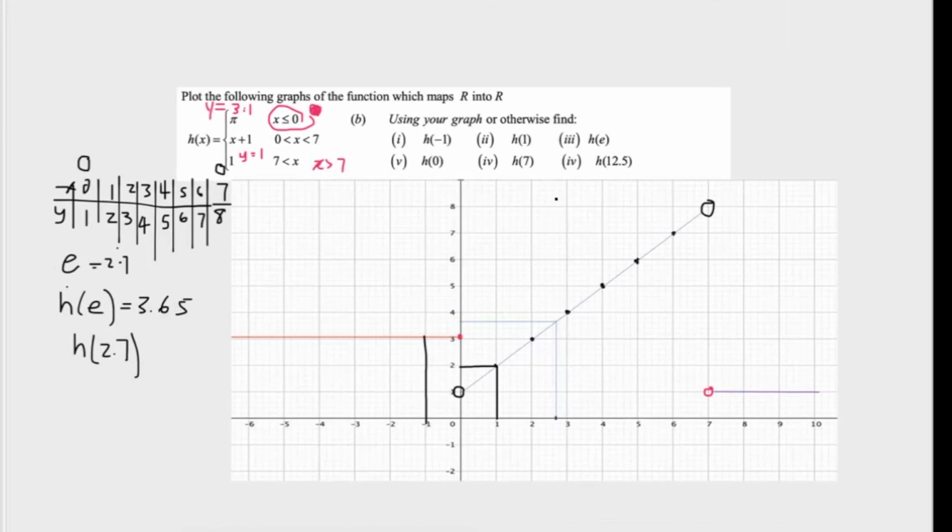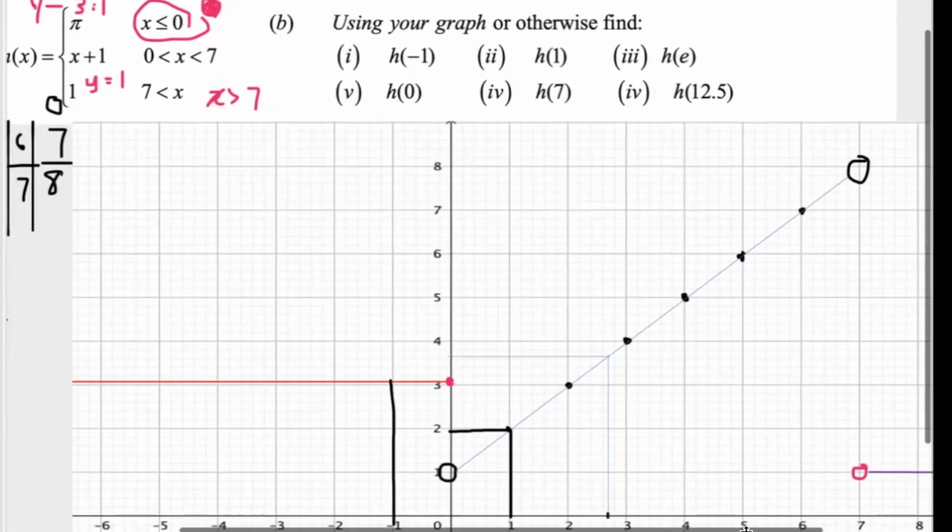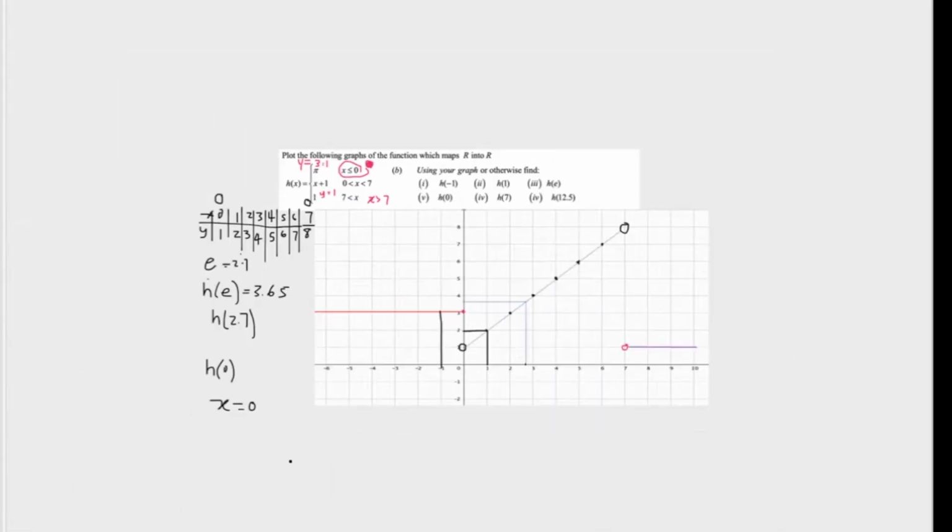The next one we have h of 0. That means x is 0. So when x is 0, what is y? So we would not use this first value, but the next, which is this shaded one, which would be pi, because it's using it.